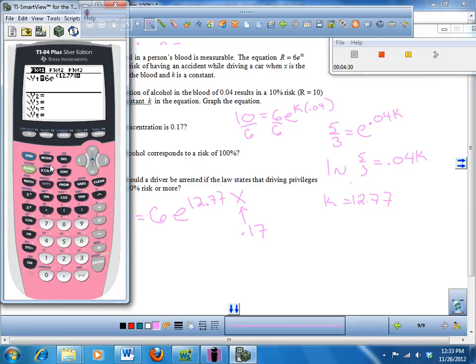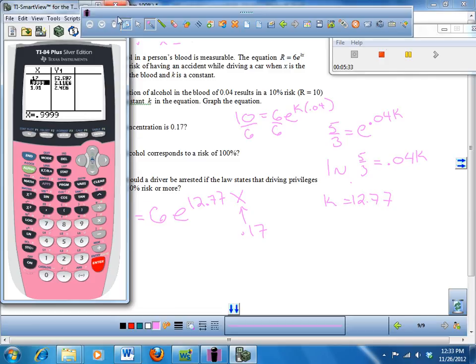Then I could just go look at my table, second table, and if I plug in 0.17, I get out that your risk is going to be 52.59. That's pretty bad. So don't make your alcohol 0.1 something.